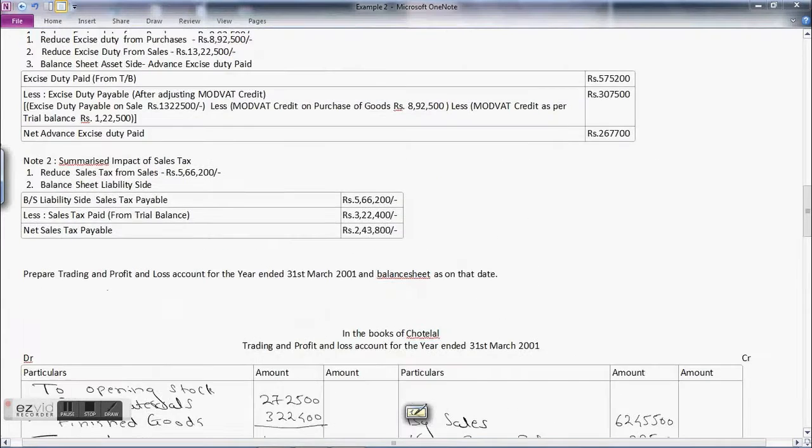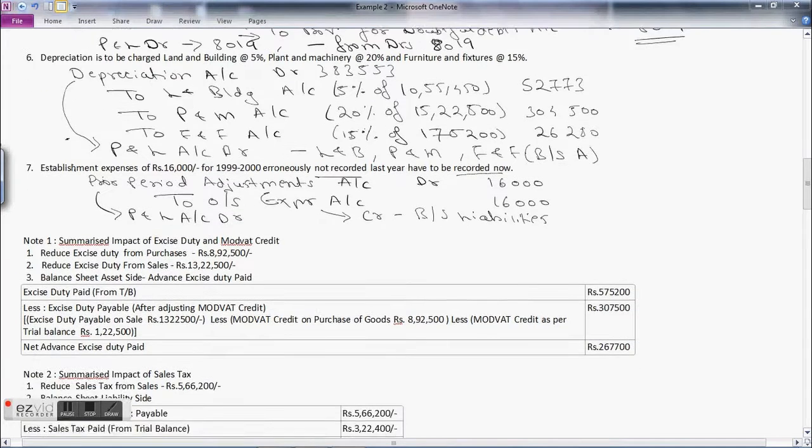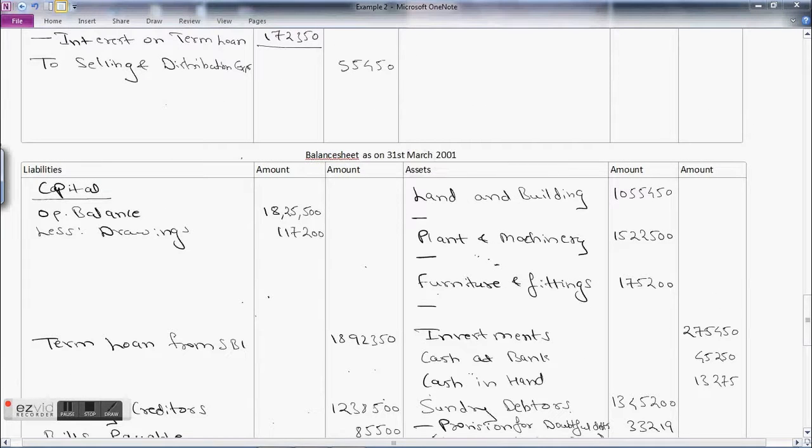So we'll put the total amount here. And the next effect is we have to reduce the respective depreciation from land and building, plant and machinery, and furniture and fixtures. So from land and building, less depreciation, which is 52,773.